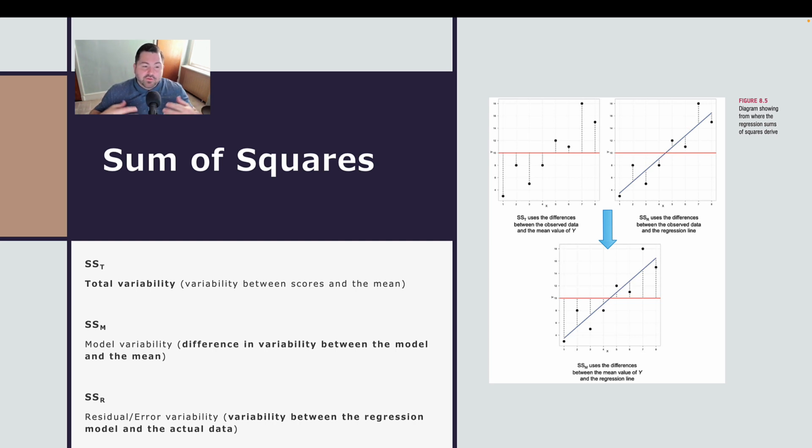The total variability represents sum of squares total. We've learned how to calculate that from week 2 of the academic term. SSM in this particular case is going to tell us the amount of variability in the regression line data that can be explained by the line of best fit, meaning the predictors that are used to generate that line. And sum of squares residual, or SSR, represents the error of how much cannot be estimated from those predictors.